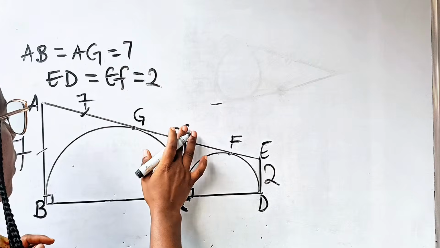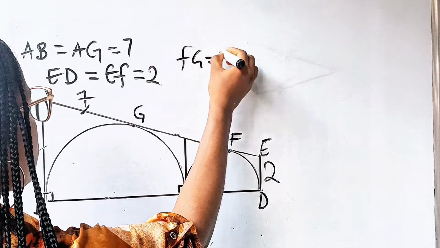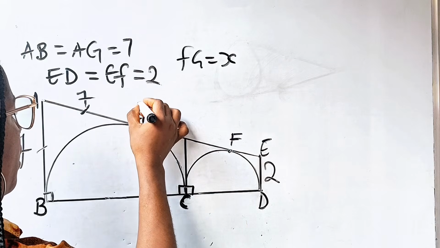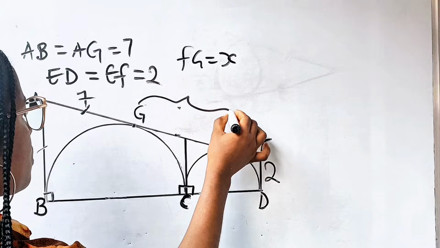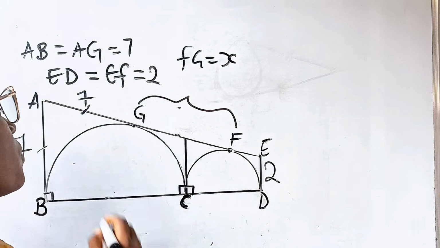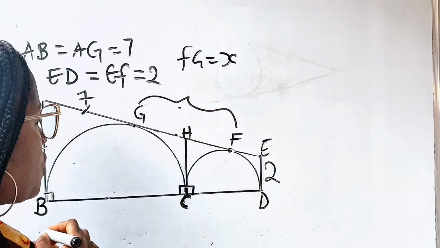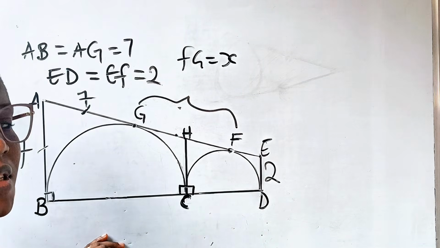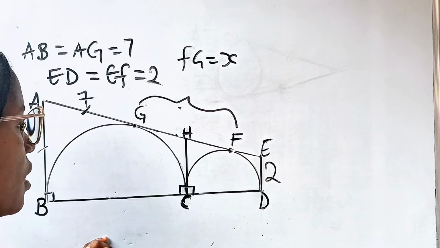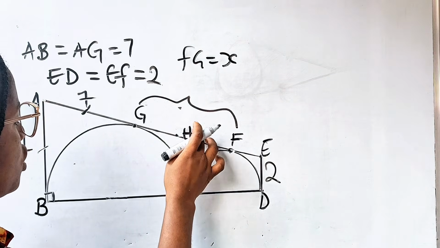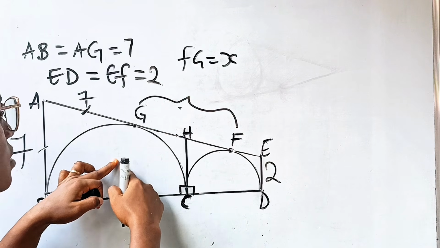Now let's call this point. Remember that FG is equal to X, which is what we are looking for, from this point to this point. Now, if we call this point H, now using the same two tangent theorem, we will also notice that CH and GH are tangent to this particular circle, right?